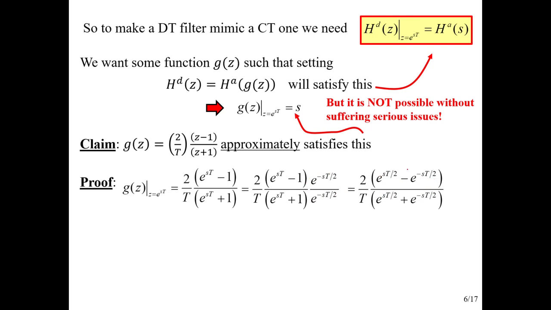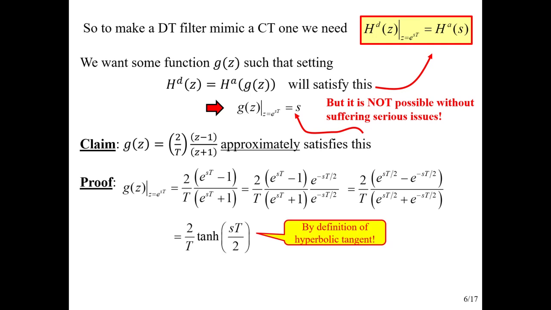And look, this kind of reminds us of Euler, right? But Euler is an e to the j thing. The j here is not explicit in s. s is not a purely imaginary thing. It's a complex thing. So this is a generalization of that. And if this were e to the j things here, we'd get a tangent.